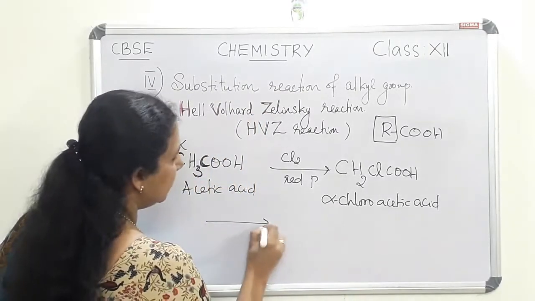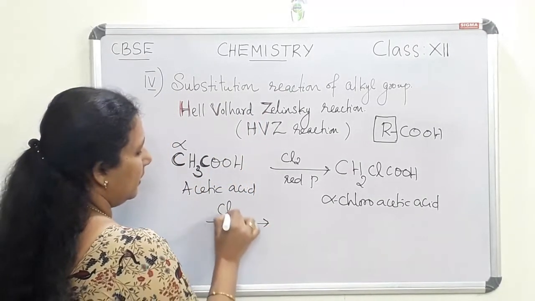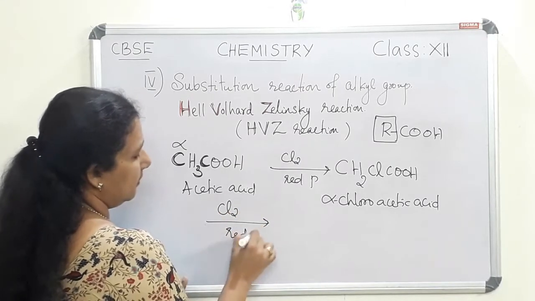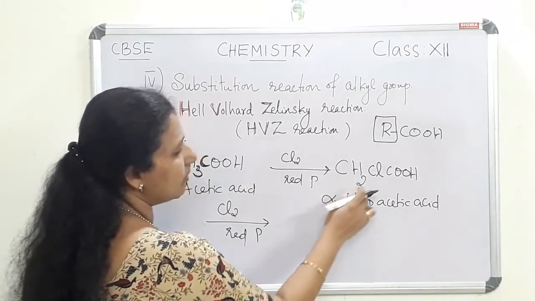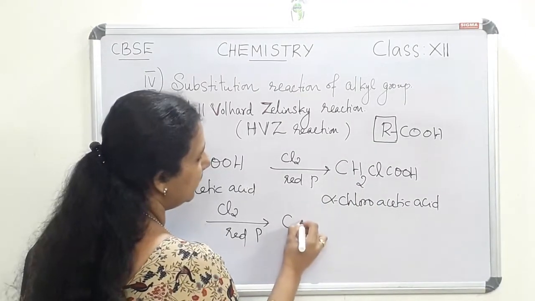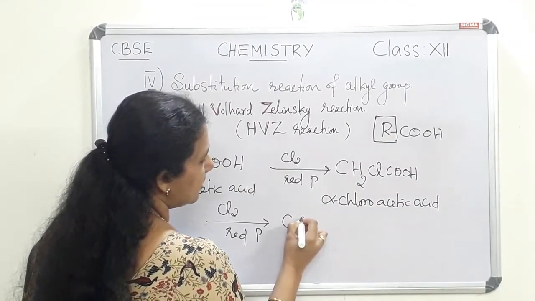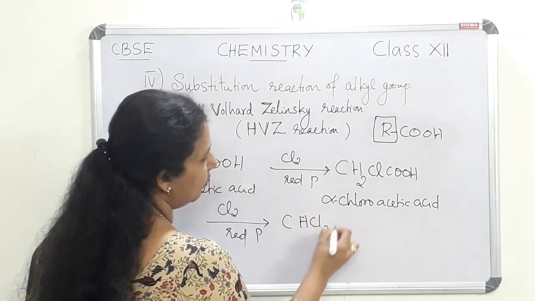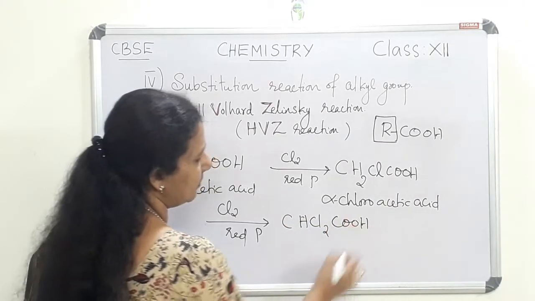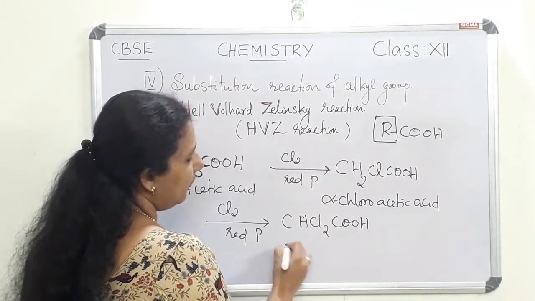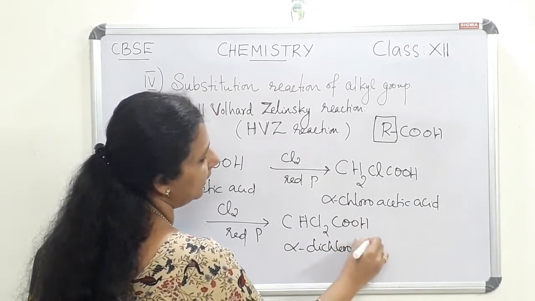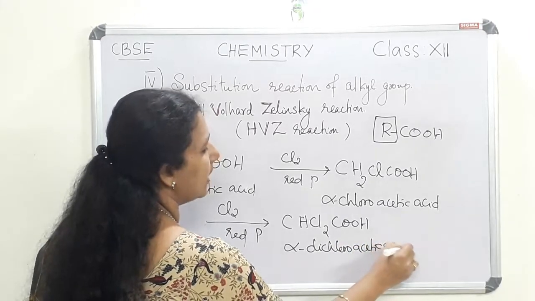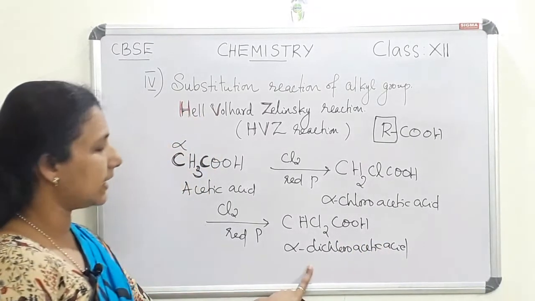Then in the second step, the next hydrogen is also removed, and we will be getting CHCl2COOH. So alpha dichloroacetic acid is formed in the second step.